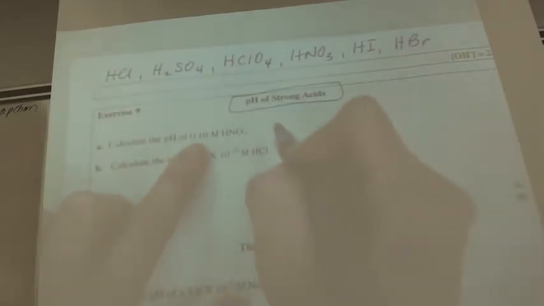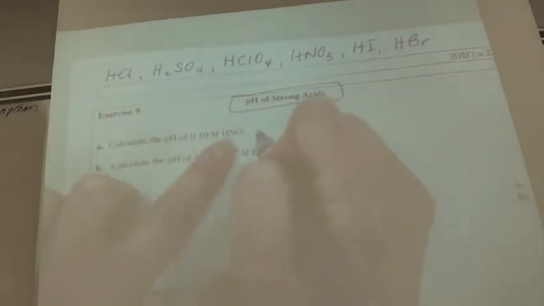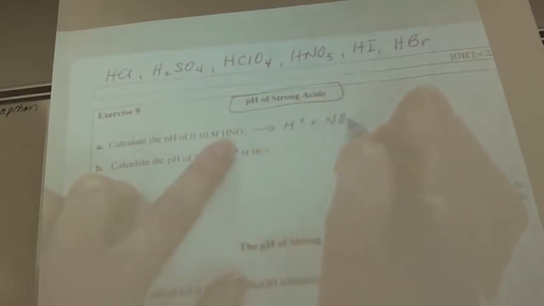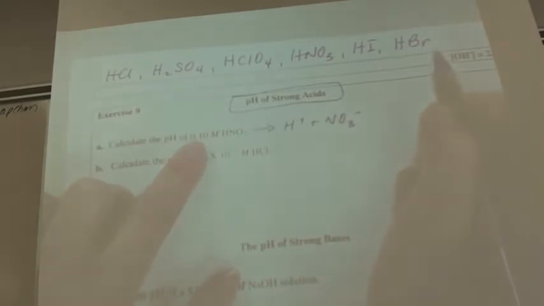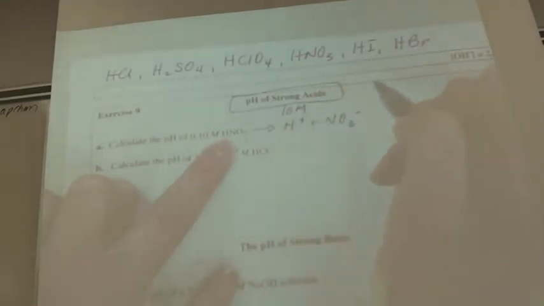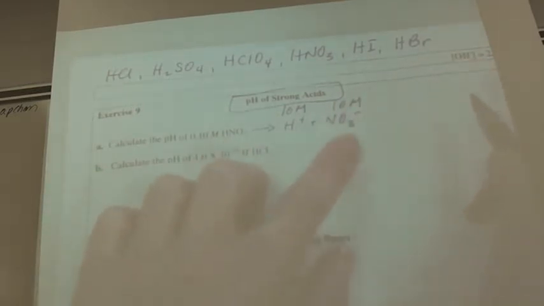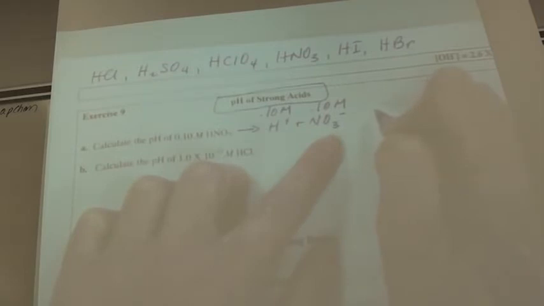So if you have 0.1 molar HNO3, it dissociates completely into 0.1 molar hydrogen ion concentration and 0.1 molar nitrate ion concentration. So the pH is equal to the negative log of the hydrogen ion concentration, which is 0.1, which means that the pH is 1.